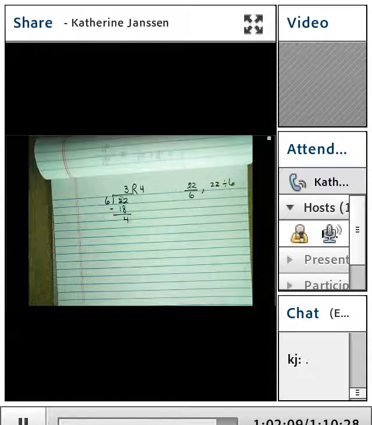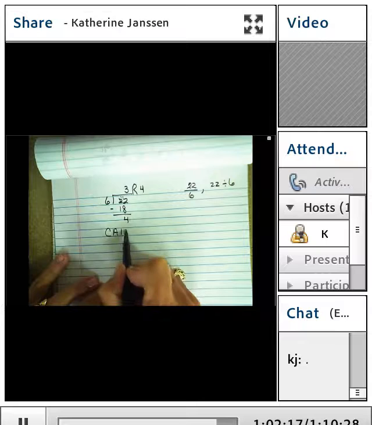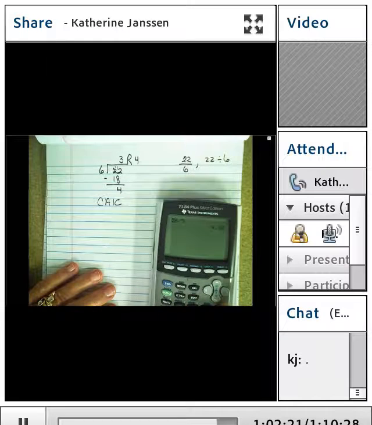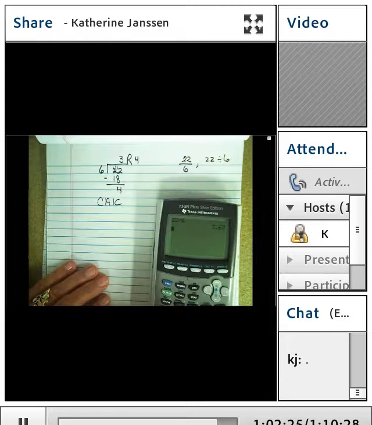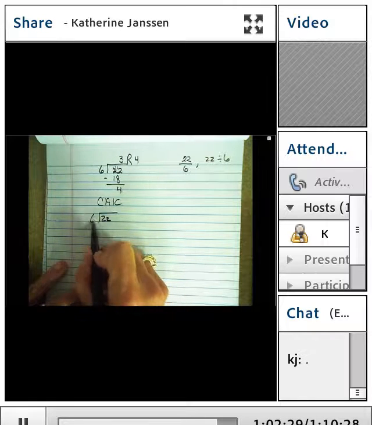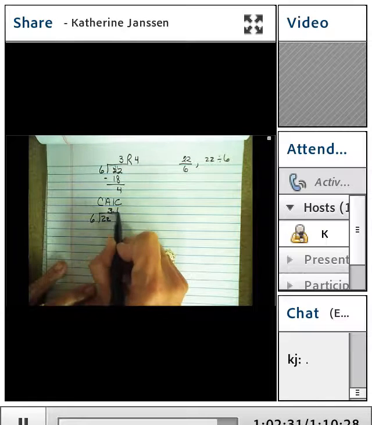Well, that was longhand division, and that gets tedious, and I can often and easily make mistakes. So let's check with our calculator. 22 divided by 6, enter. I get 3.67.